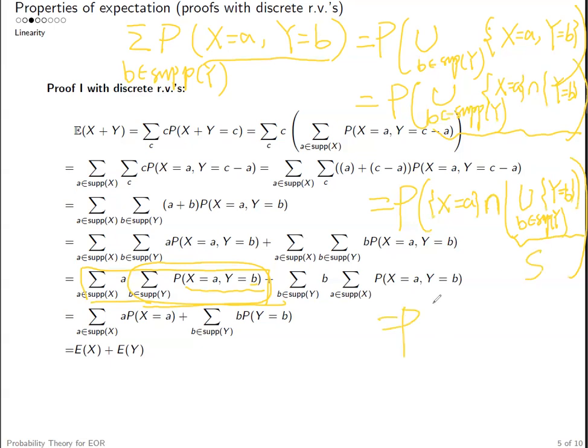So in the end, we are calculating the probability of the event X equal to A intersect with the sample space, which is the event itself. So the summation here is essentially equal to the probability value of the event X equal to A.